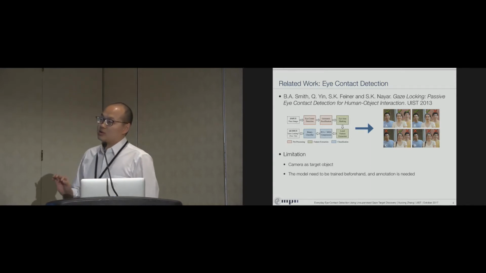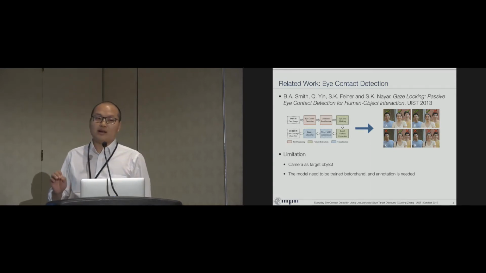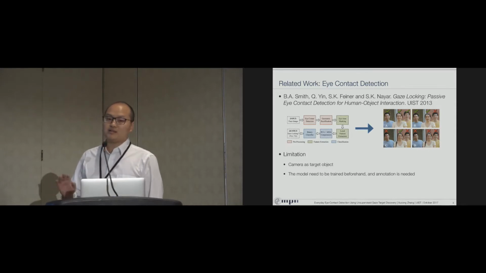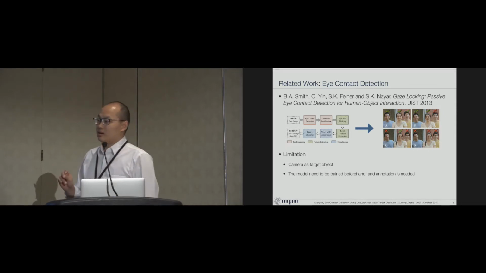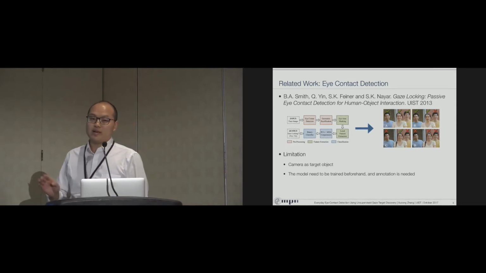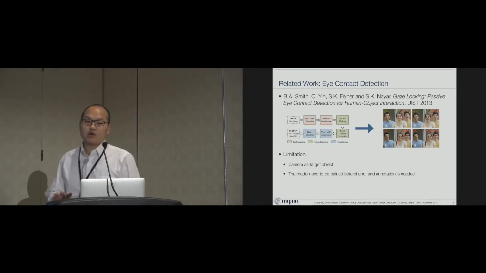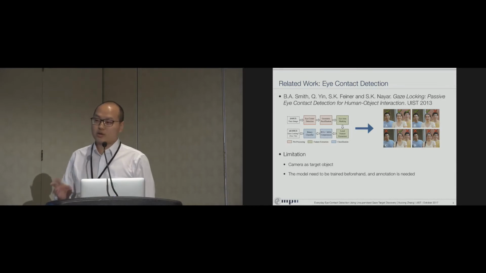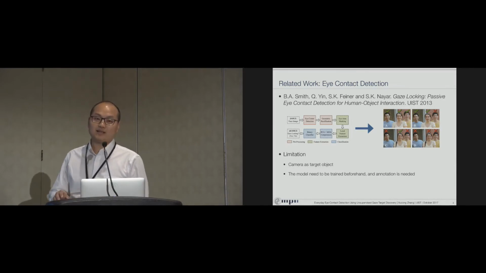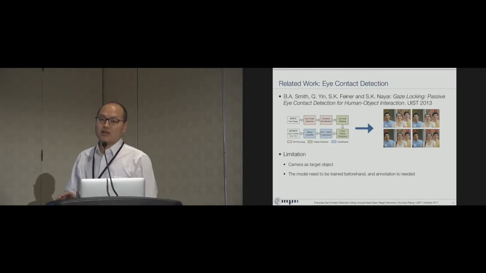Because they treat the camera as the target object instead of the object around the camera, that is the main limitation of this work. Of course, you can also train one specific eye contact detector for one specific object with this method, but in that case, you need human annotated data to train the model.